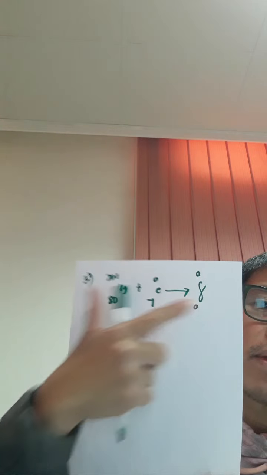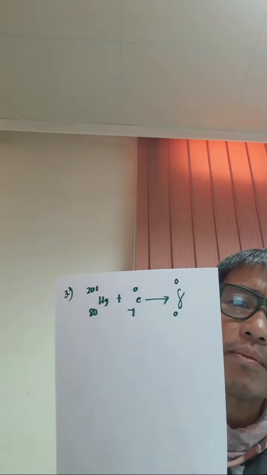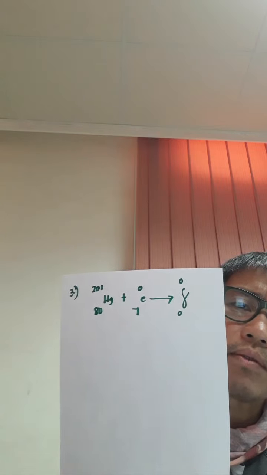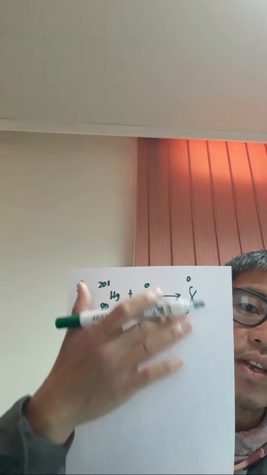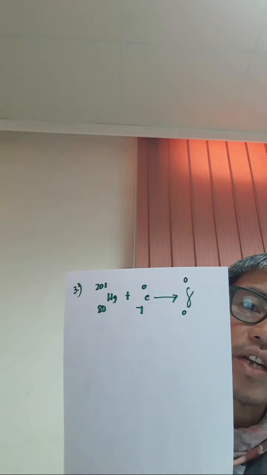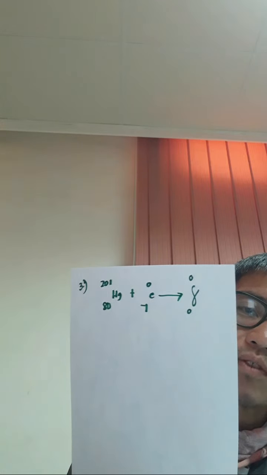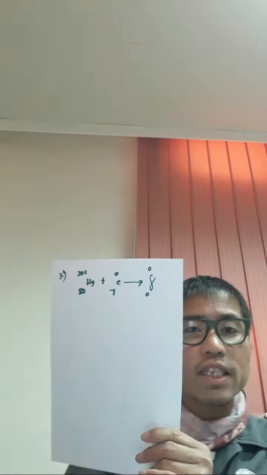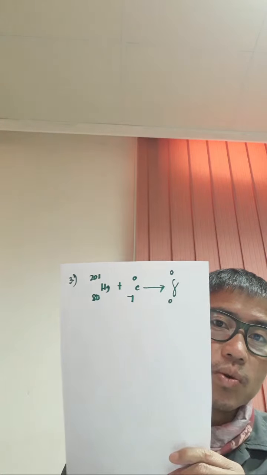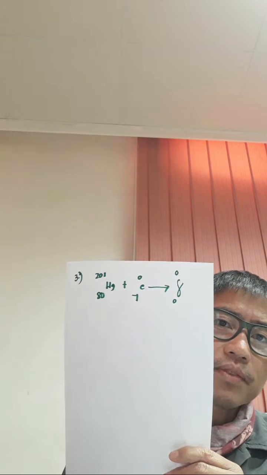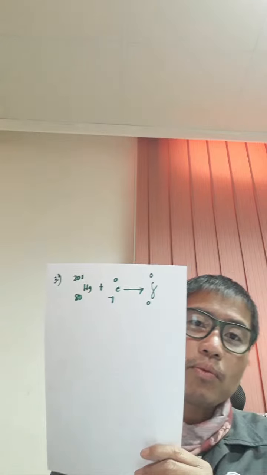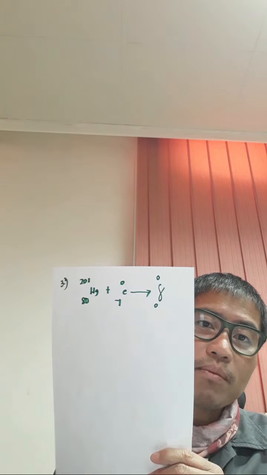The gamma ray has a mass number of 0 and an atomic number of 0, or shall we say the 0 is a nuclear charge for the particles. If this is an element, this 0 is the atomic number, but there's no atomic number of 0. So the right technical term is the nuclear charge, or the charge of the nucleus. Bear in mind that the number of protons is always equal to the atomic number.